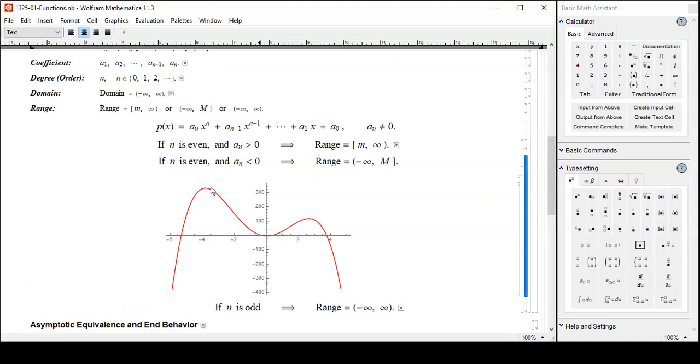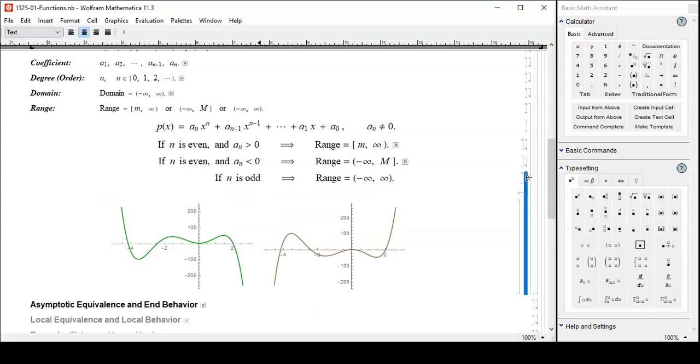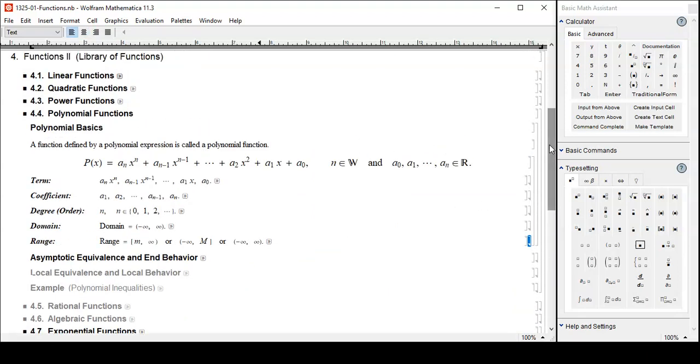Or the other way around, we have negative infinity to some maximum, for even degree and negative leading coefficient. But if you have odd degree, then the range is negative infinity to positive infinity. Either way, this way, that way, they go on forever. Those are the basics.